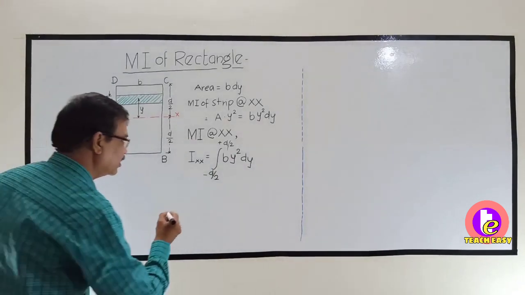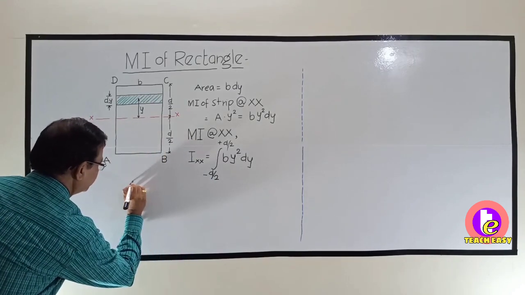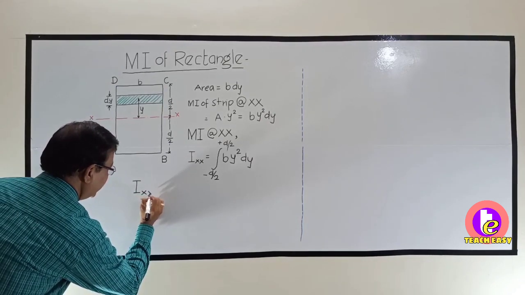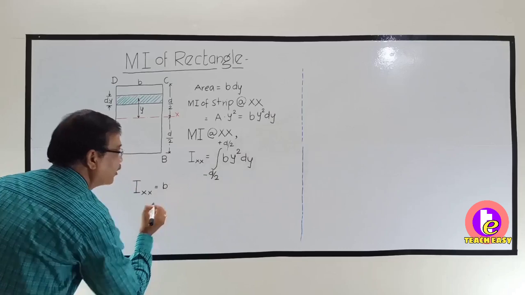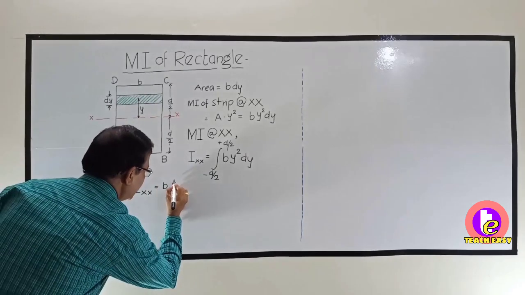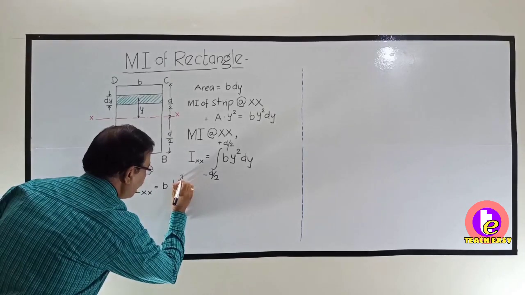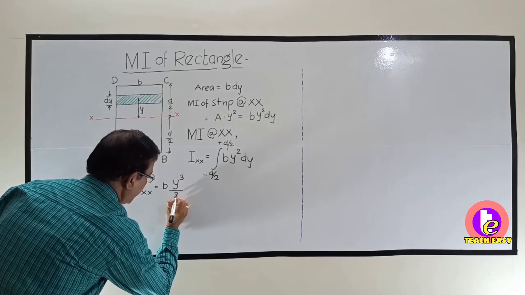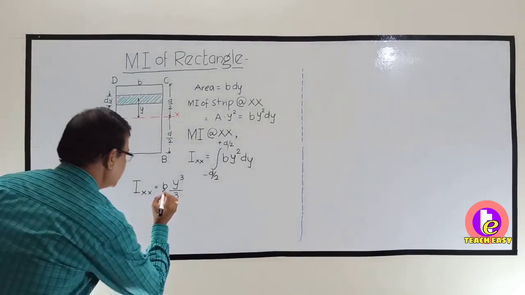Now what is the integration of y square dy? Can you tell me? Integration of y square dy will be, b is a constant, integration of y square is y cube upon 3. And what are the limits?